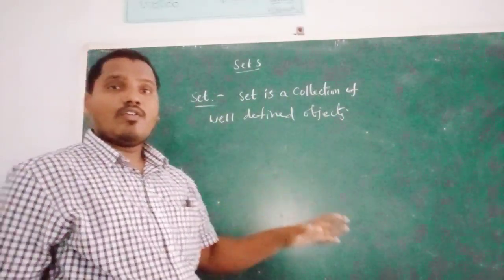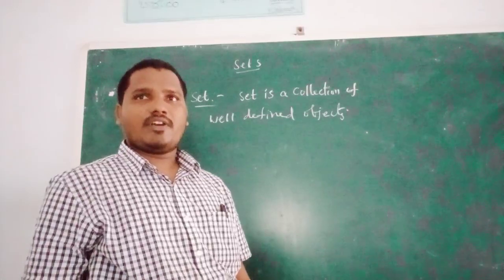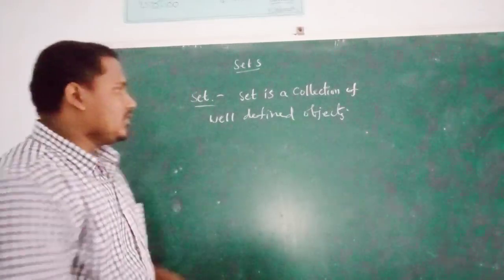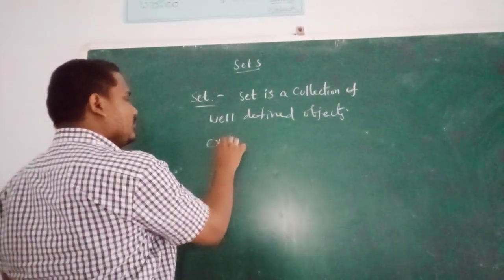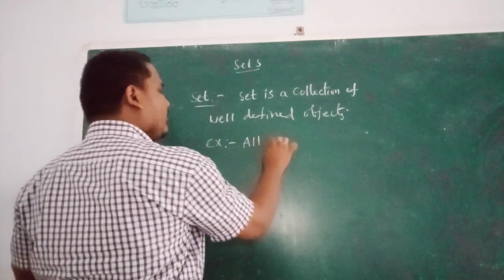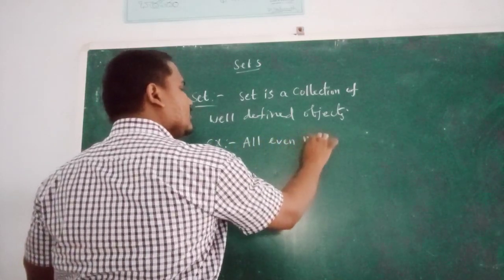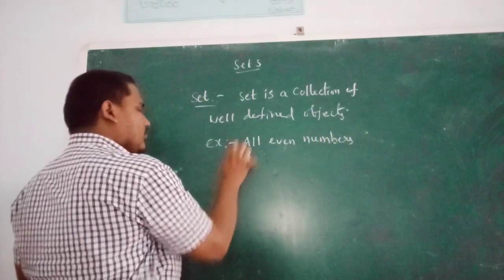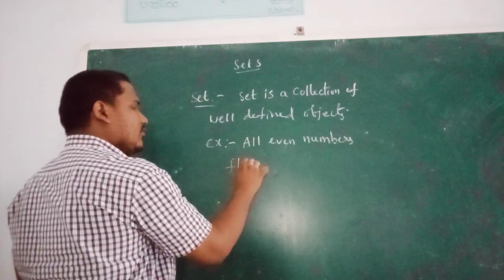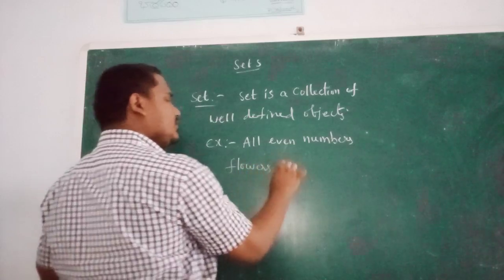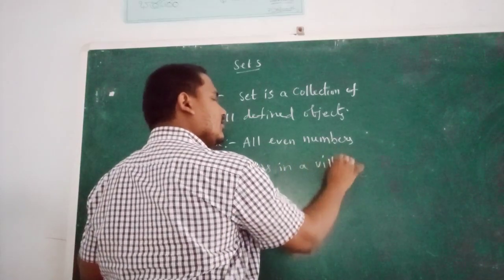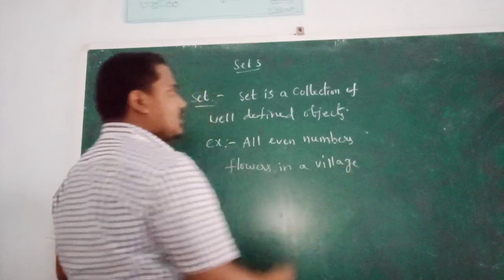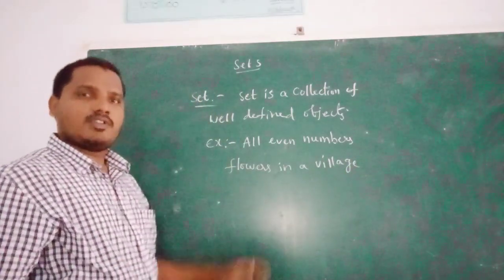Well-defined objects. For example, all even numbers, all flowers in a village. These are examples of sets.